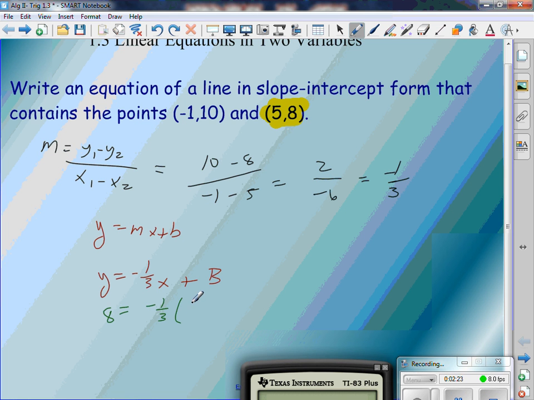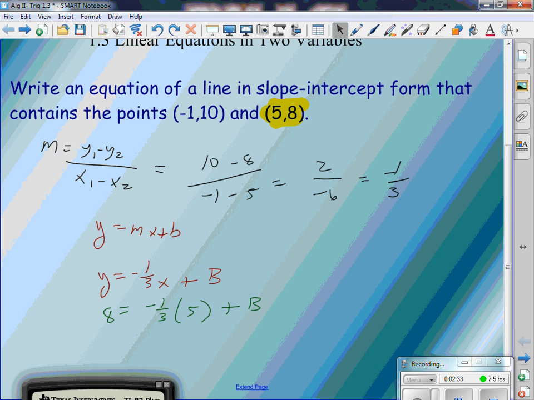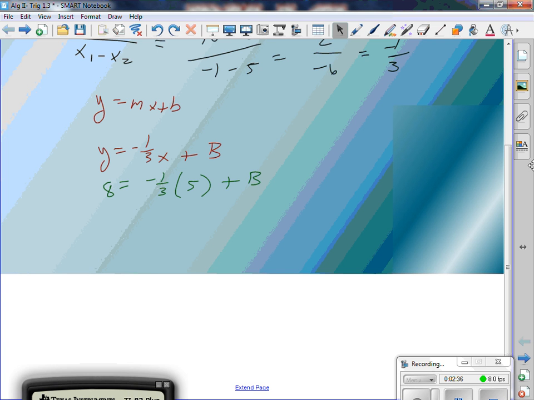What is your x value? 5 plus b. What's -1/3 times 5? -5/3.